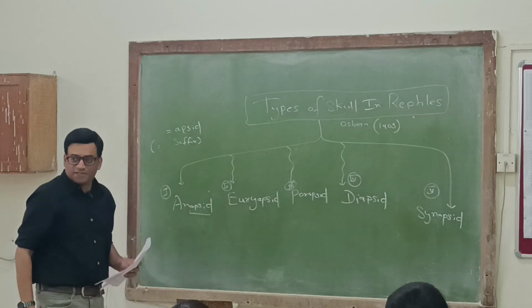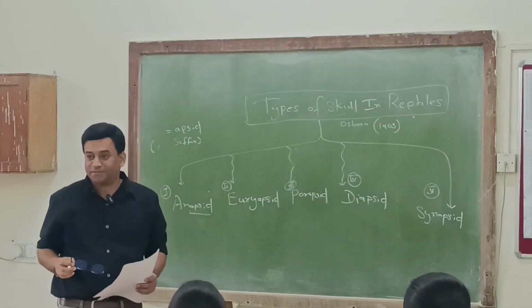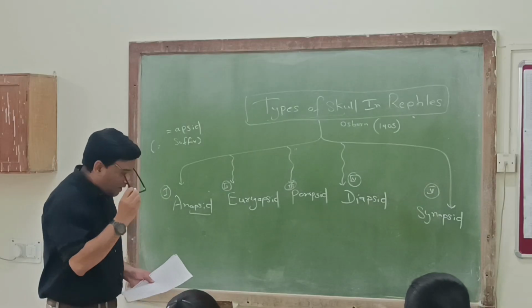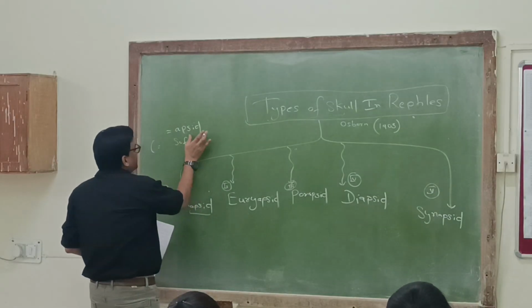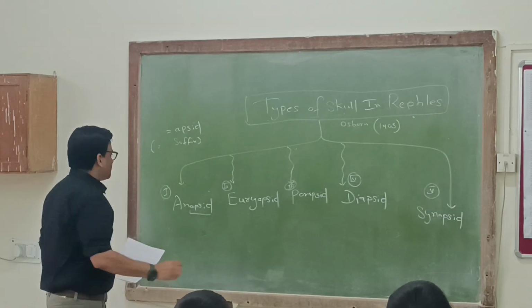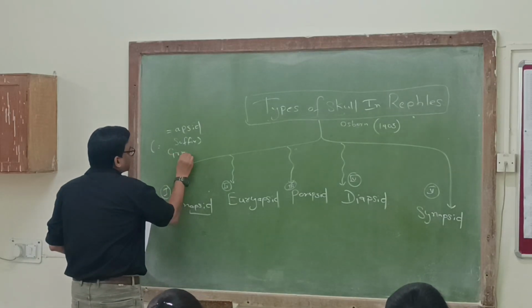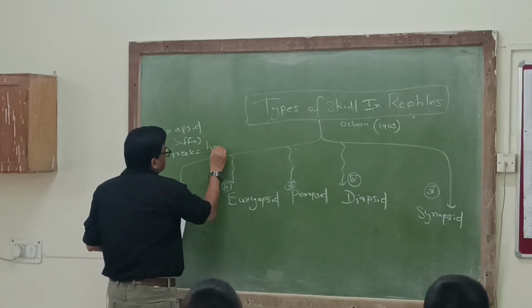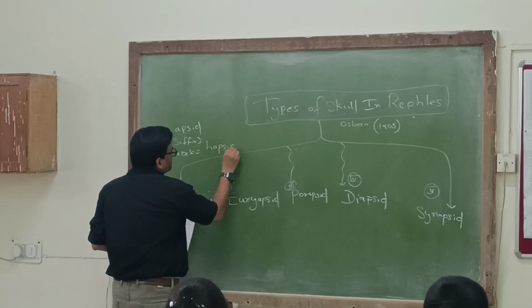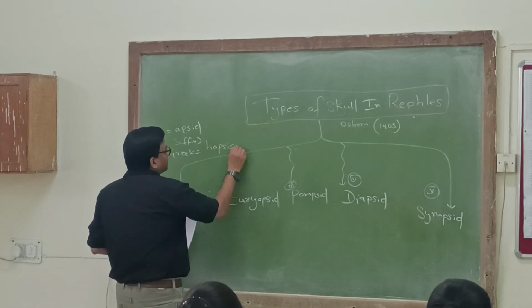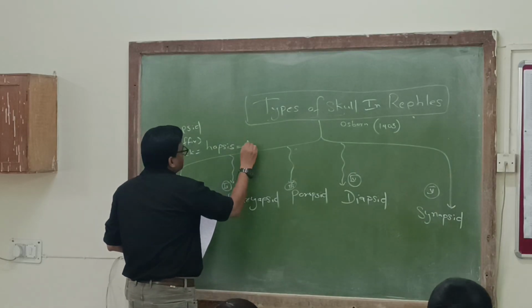Understand the suffix: there are two kinds of word parts, the prefix which comes before the word and the suffix which comes after the word. So apsid is a suffix and it is a Greek word, which actually comes from the word hapsis, and from hapsis comes the word apsid.